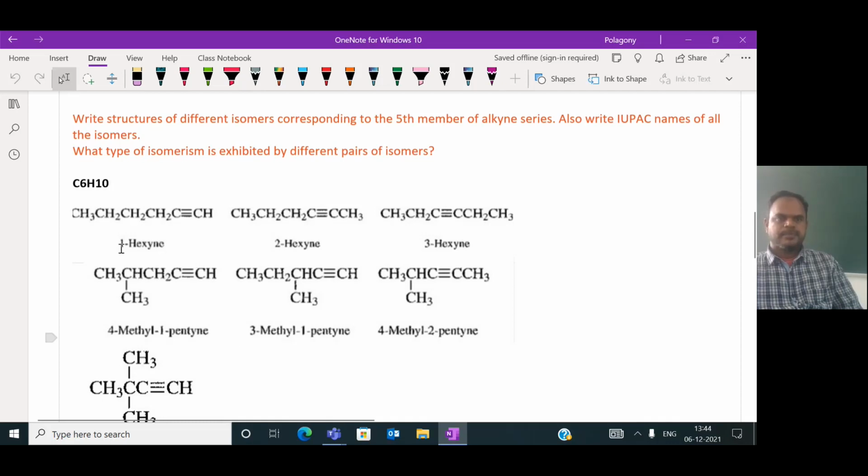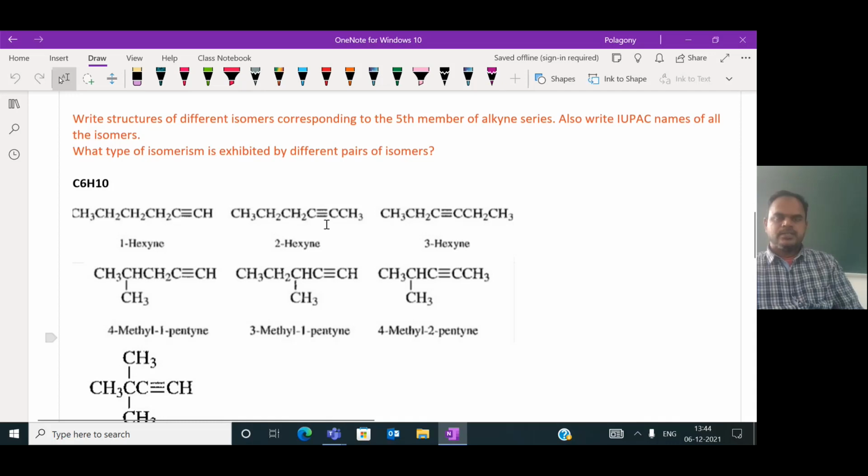The carbon atoms of hexyne are numbered 1, 2, 3, 4, 5, 6. You can write the triple bond between first and second carbon, and we get one hexyne, hex-1-yne.